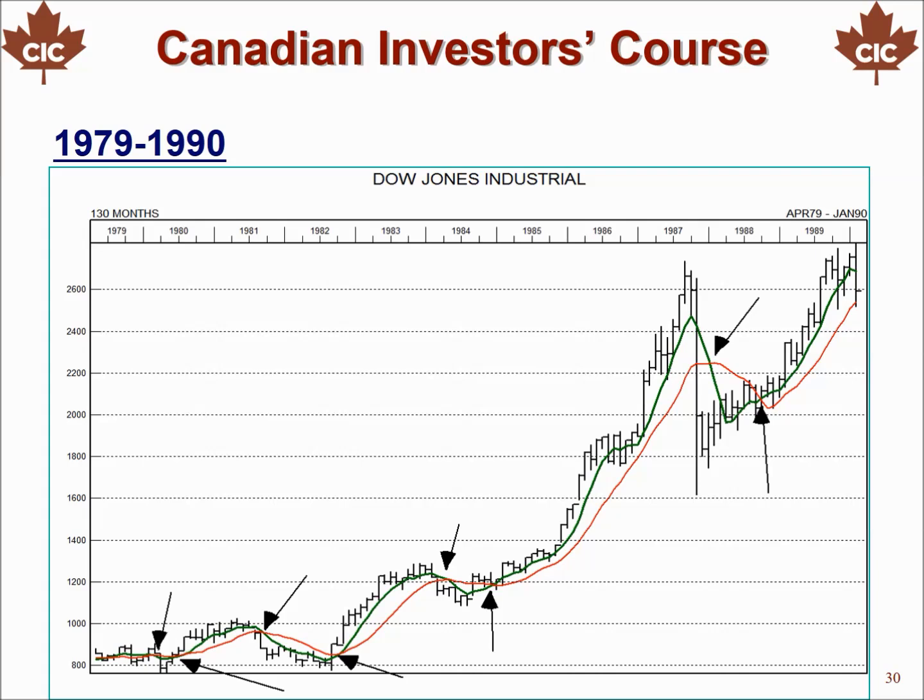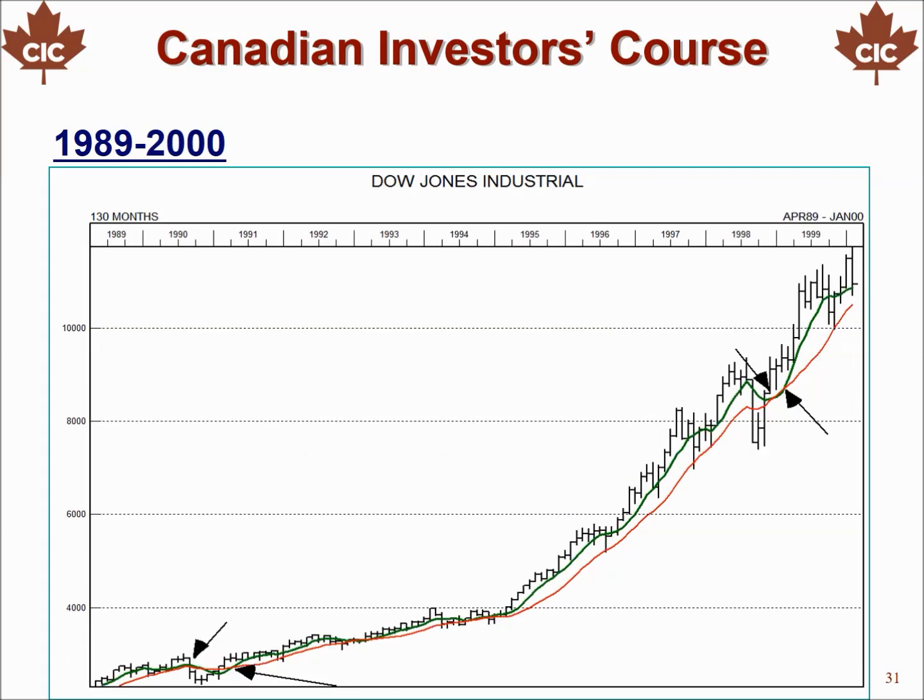Looking at 1989 to 2000, even more so, the market was on a huge run. There weren't too many opportunities to take advantage, but the couple of times that it did tell you to take advantage, if this had turned into a 1929, you would have been protected.